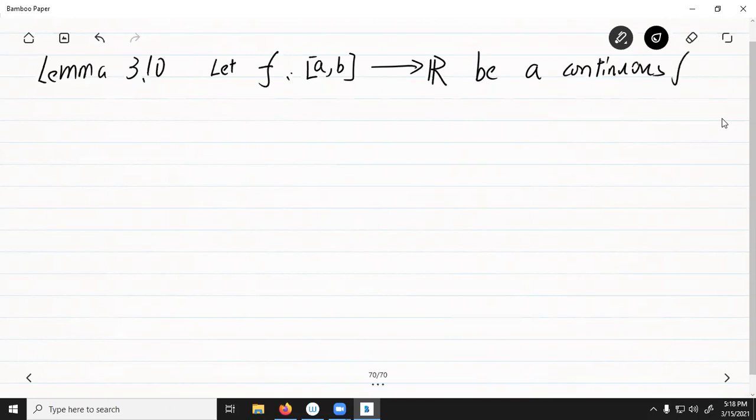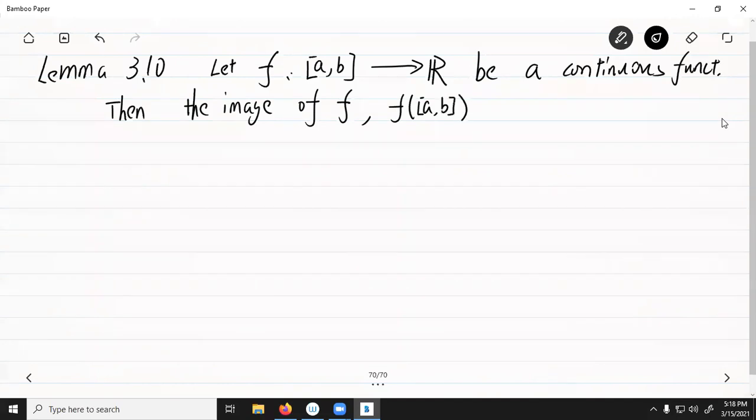Then the image of f, which is f of [a, b], is bounded above.